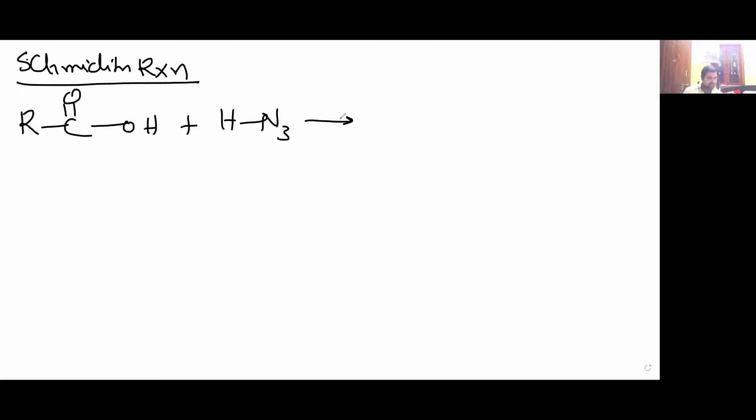This hydrazoic acid on reaction with carboxylic acid, which is more strongly acidic. Then what part is eliminated? Water is eliminated. Then you are going to get RC double bond O N3. Yes, RC double bond O N3. You write it like this. The original structure I will write N3. You write it like this.